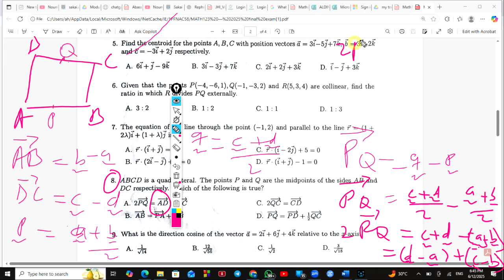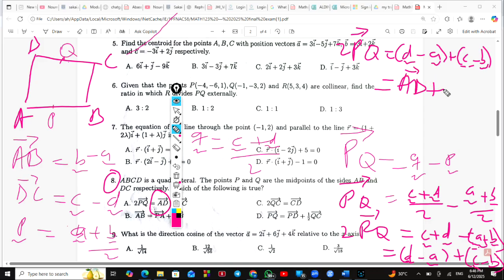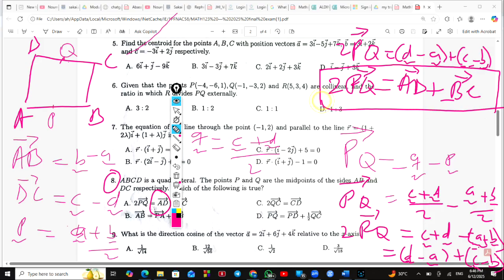So if we have 2PQ to be little d minus little a plus little c minus little b, then d minus a is the same as AD, plus c minus b, which is the same as BC. So 2PQ is equal to AD plus BC.